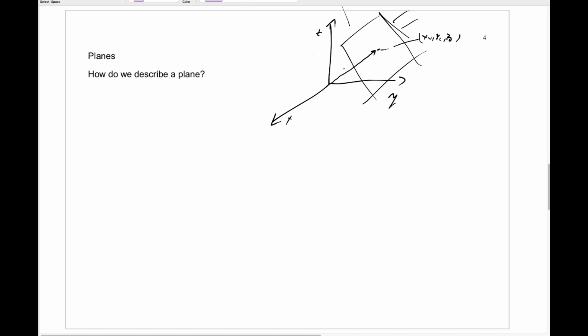That's the coordinates of the point, and so I'm going to call this vector r0, where our vector r0 is just the vector from the origin to that point, x0, y0, z0. So that will be one point that's on the plane.